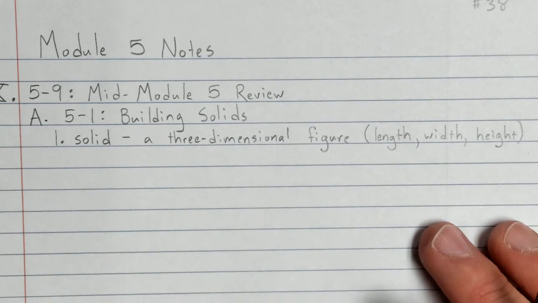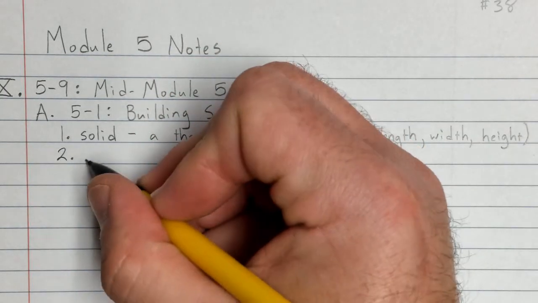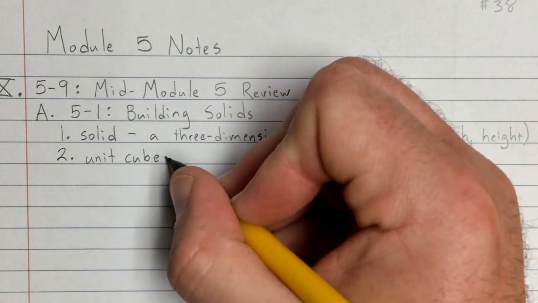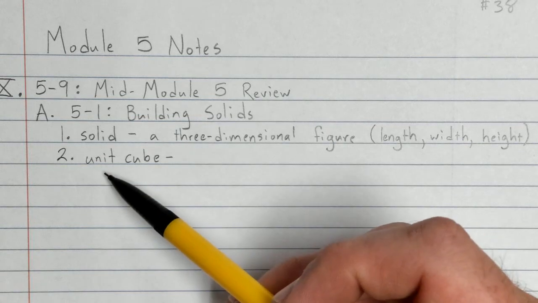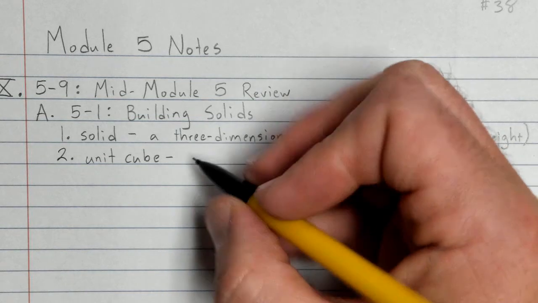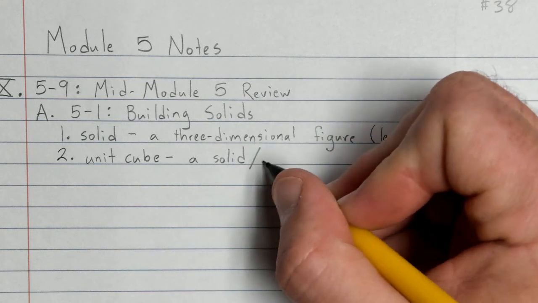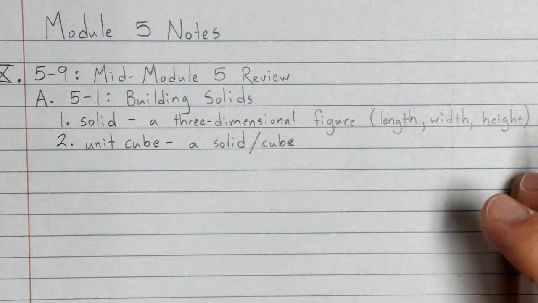Goodness, pencil's getting in the way. Okay, number 2. A unit cube. All volume is measured using unit cubes. They can be centimeter cubes, inch cubes, foot cubes, whatever the unit may be. The unit cube is a solid, and I will include cube in case that was up for discussion and we were confused.